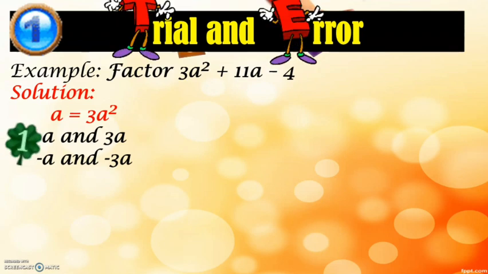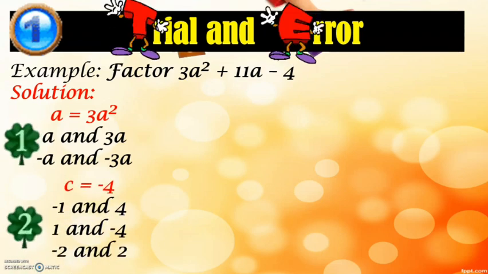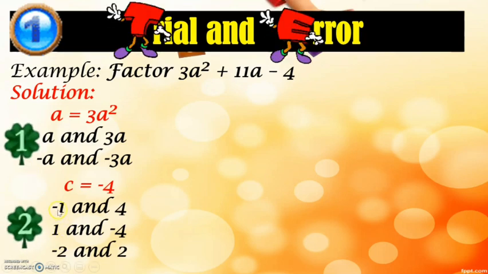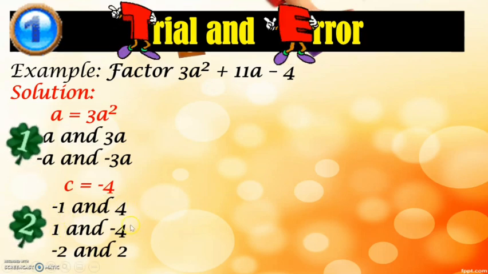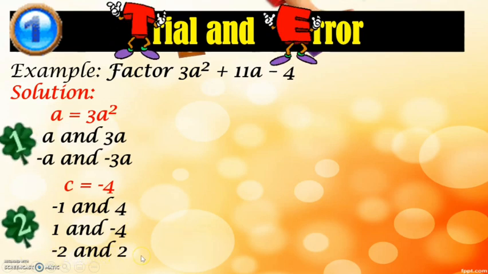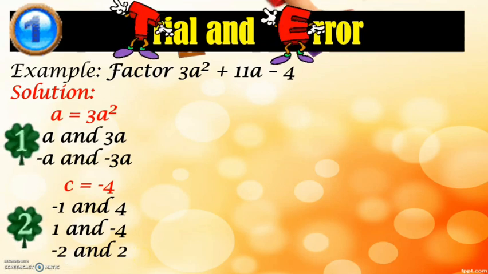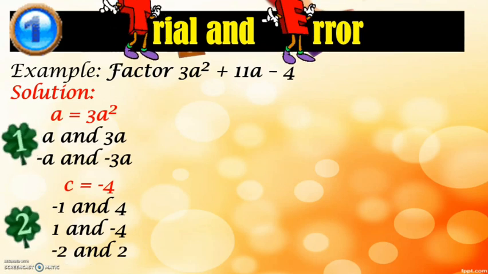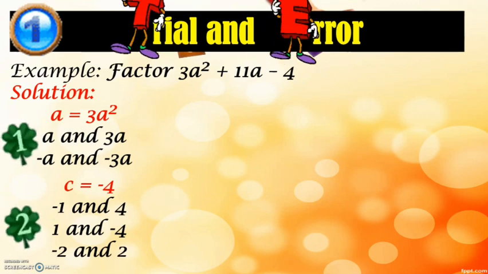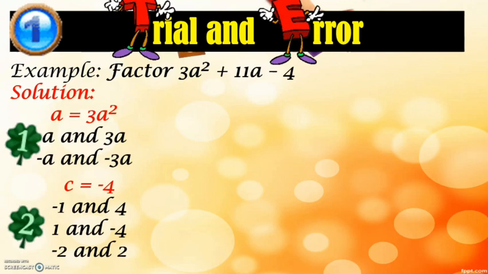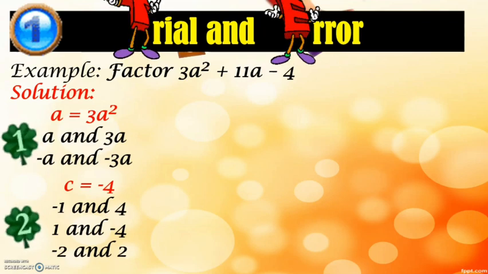Then next, step number 2, pairs of factors of the last term: negative 1 and 4, 1 and negative 4, negative 2 and 2. So we will take one pair on the first term, one pair of factors on the last term, and we are going to mix and match them. So that is step number 3.